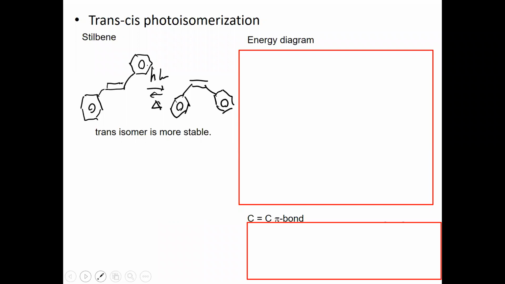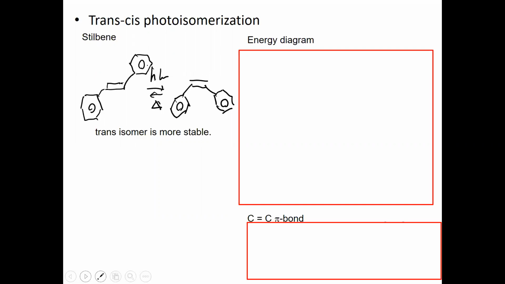Let's first study the photochemical reaction of olefin, meaning the double bond. Let's take an example of stilbene, which is one of the typical trans-cis photoisomerization reactions.